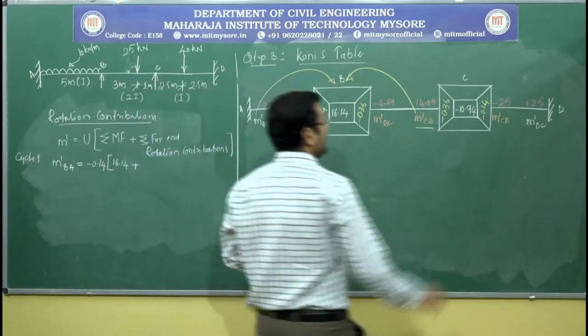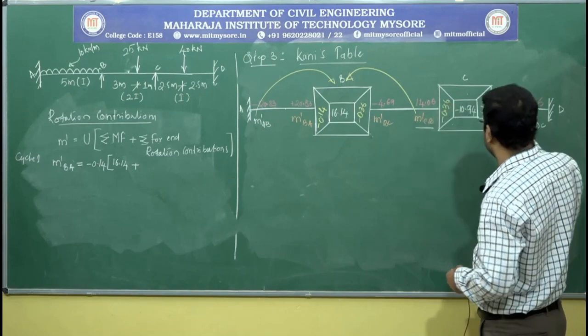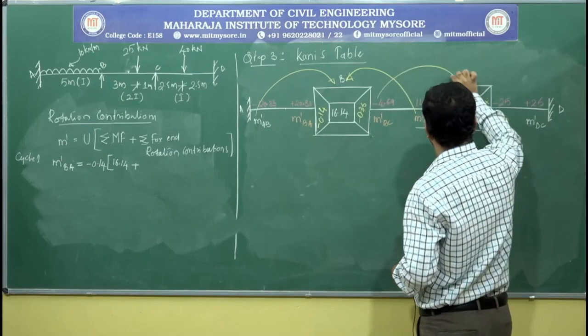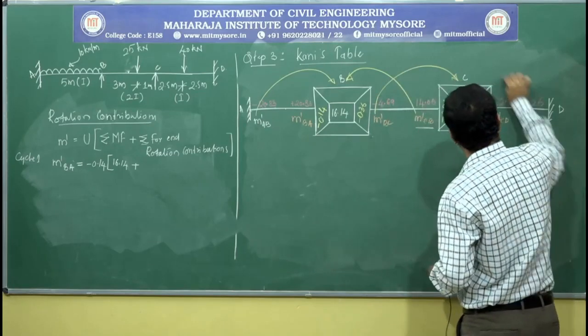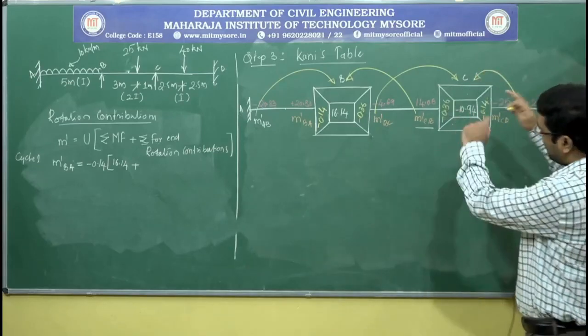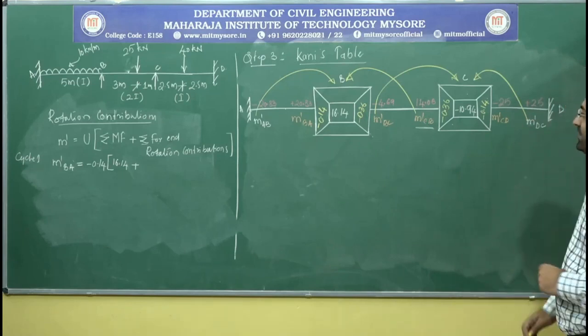And similarly, when we are calculating the rotation contribution for M dash CB and M dash CD, we need to use these two values. Okay, we need to use these two values for the calculations. If you draw this, then it will be very helpful for you guys to understand it.